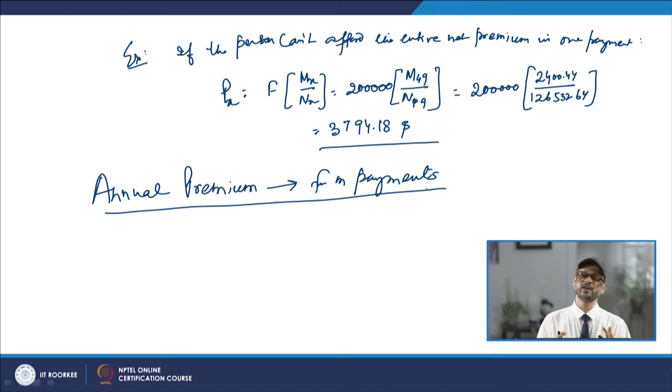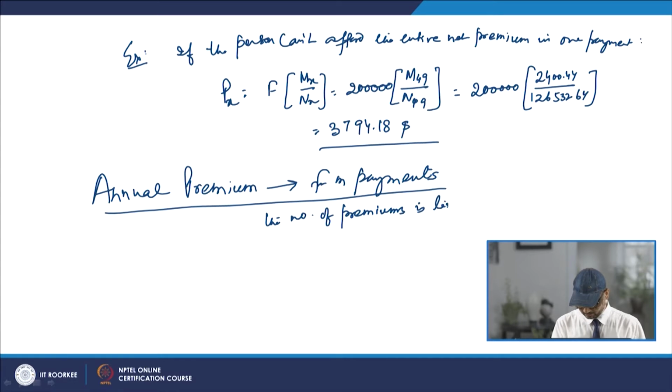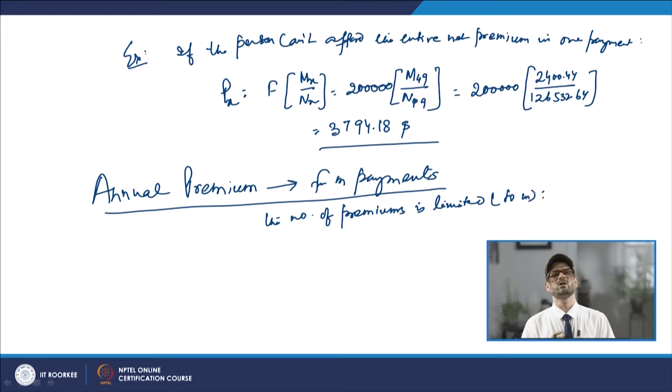The number of premiums is limited to M. Instead of paying till his death, he wants to pay a certain premium amount M number of times, and then he should stop, and then after his death the benefits should be going to his survivors. So, in that case it is for the M payment basis.